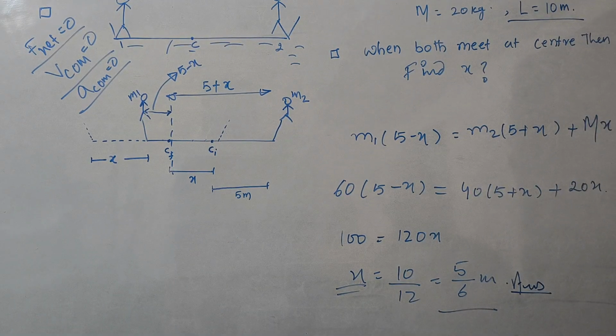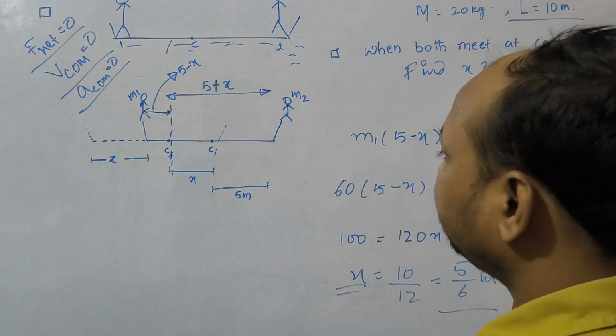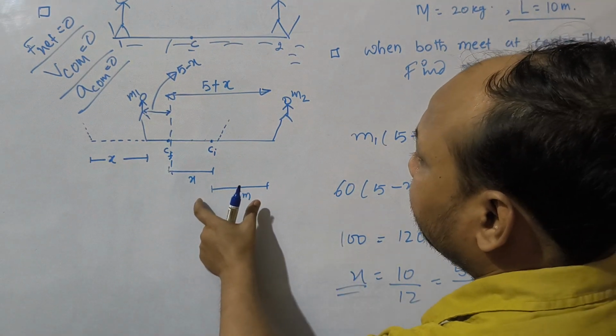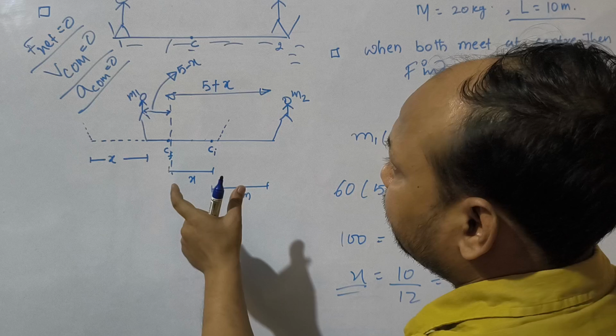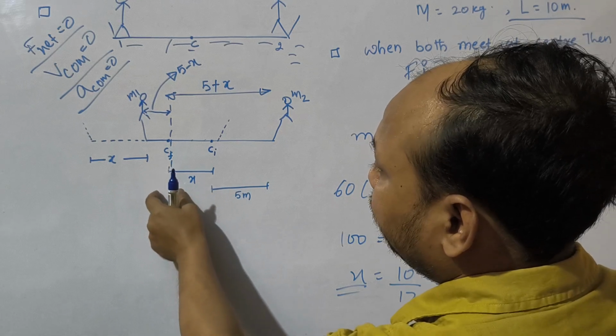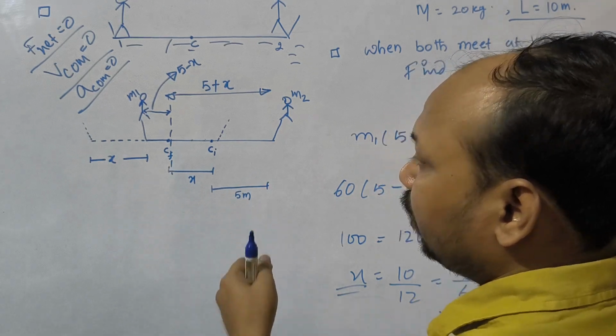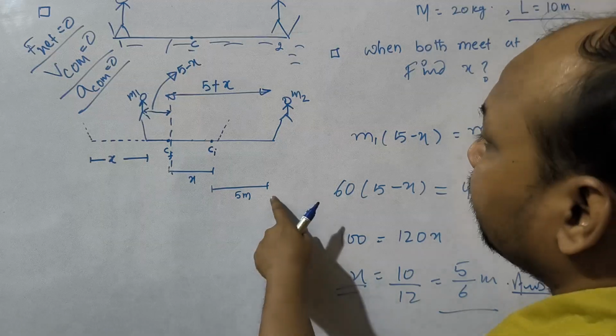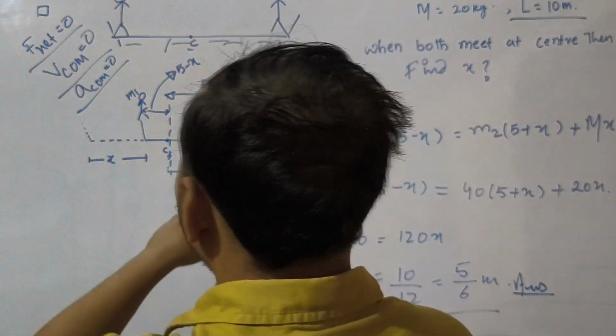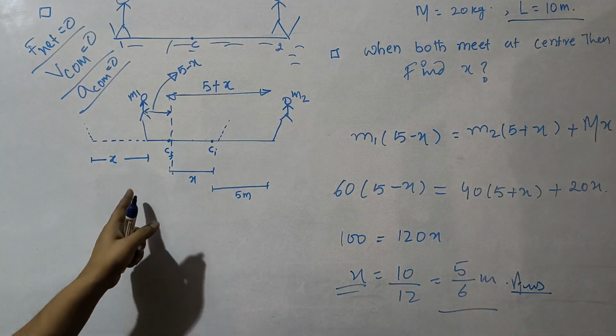Let's discuss. See, in this question what we have seen, one thing, that the net force is 0 in every direction for a system.